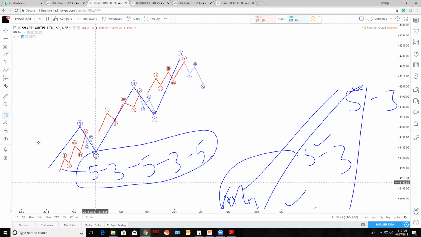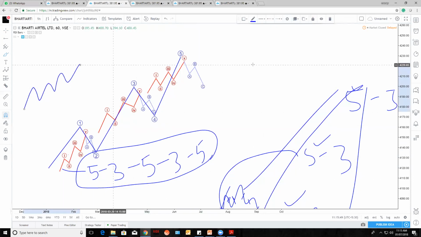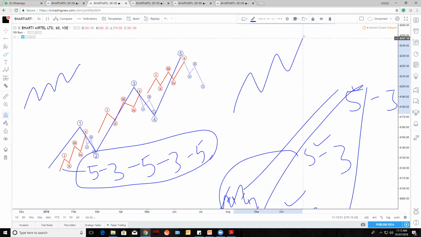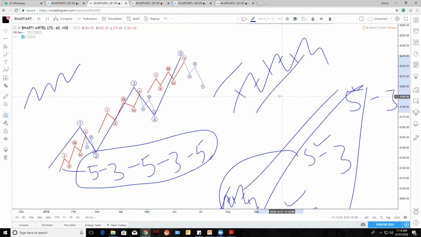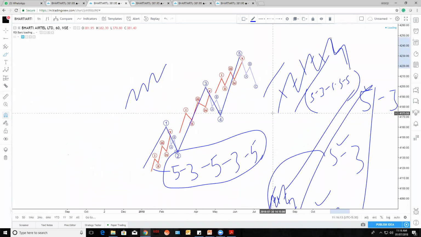5 3 5 3 5 structure means internally they should have 5 waves, sorry, 5 waves and a correction. It is totally called 5 wave, 3 wave, 5 wave, 3 wave, 5 wave. So this one impulse is called a 5 3 5 3 5 structure. Got it? Correction we will come to know how internally they should be.